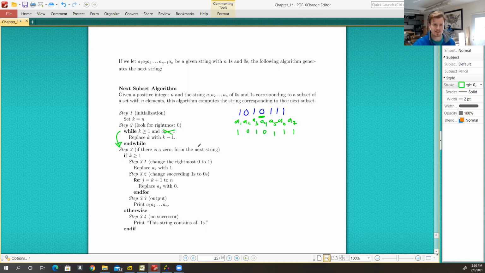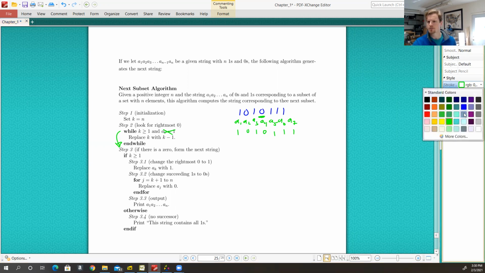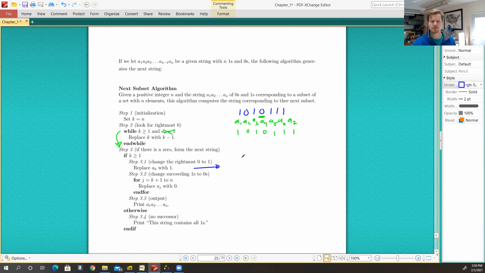So we move on to step 3. Once we get to step 3, we're now going to form the next string. There's a couple of things that go on here. We're going to change the rightmost 0 to a 1. So in this step, the string becomes 1, 0, 1, 1, 1, 1, 1.